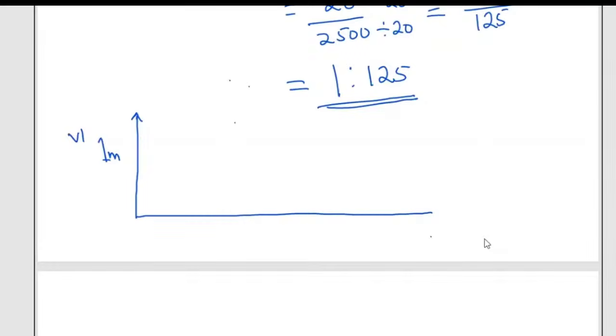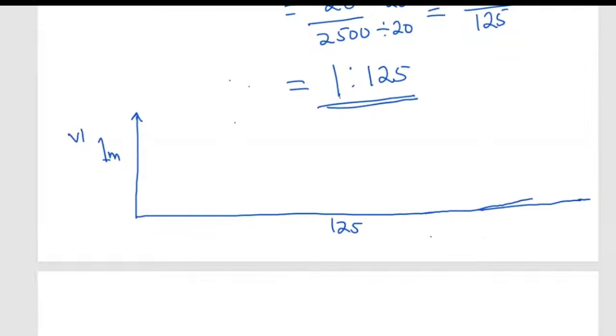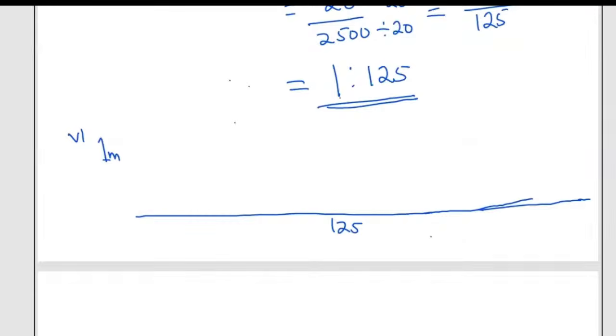So it means our compensating horizontal equivalence must be longer. We are comparing 1 meter to 125. So what is the nature of the slope? If you are to do it justifiably, our 1 meter must be shorter, because we are comparing only 1 meter to 125.